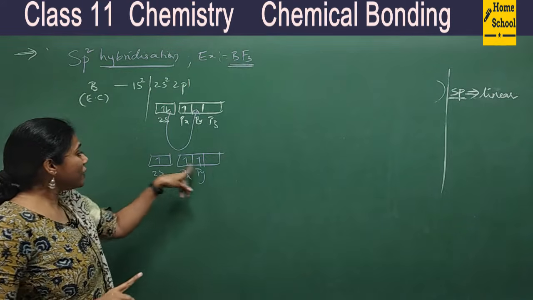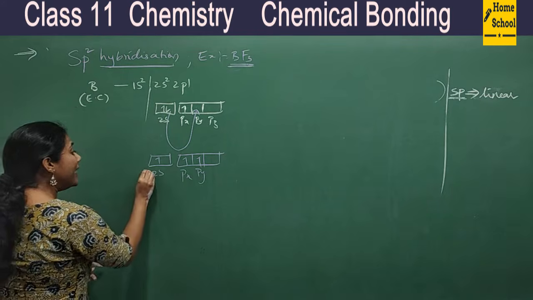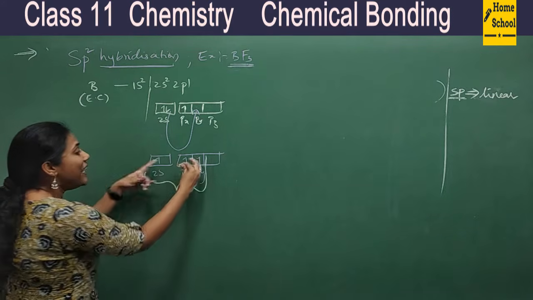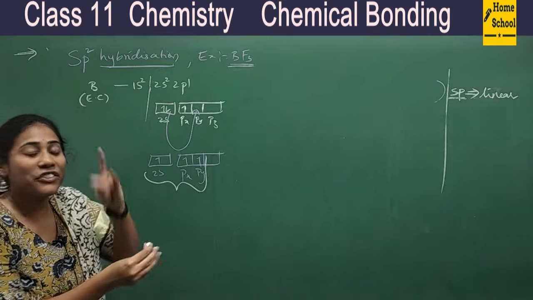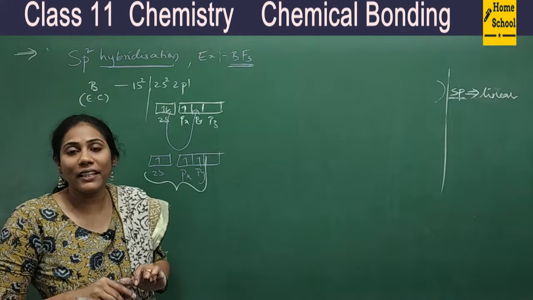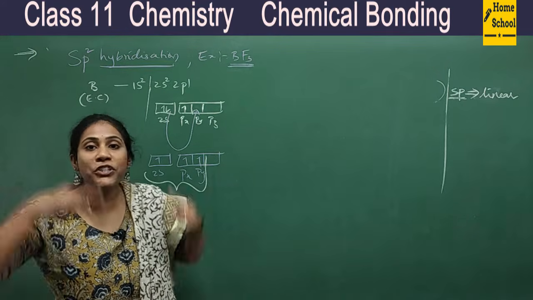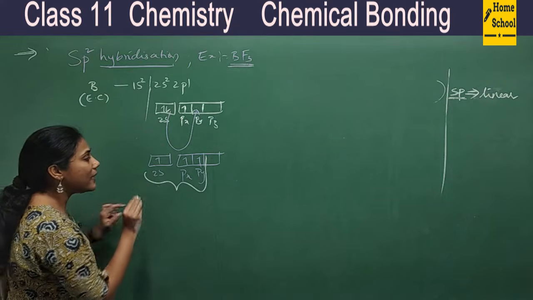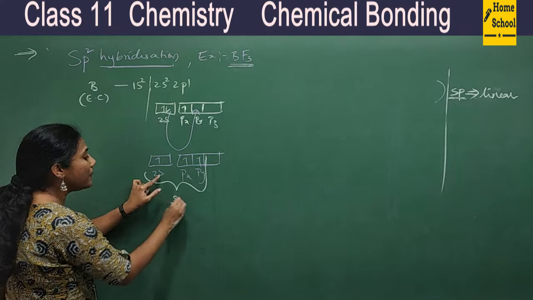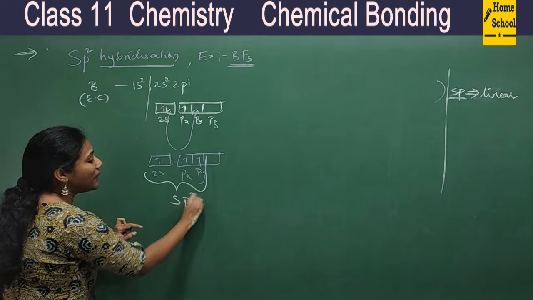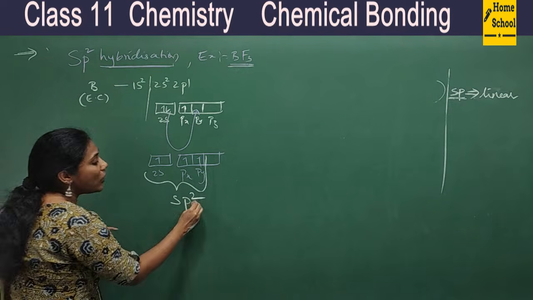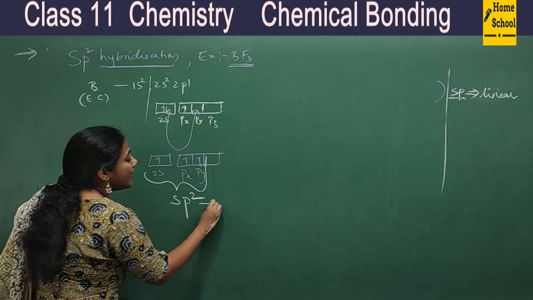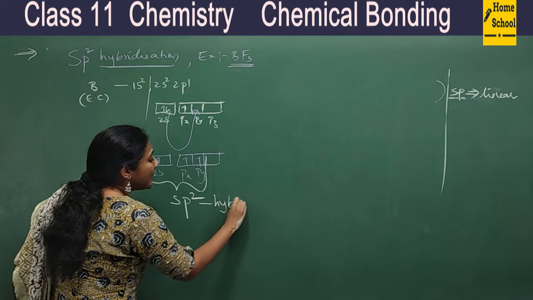But their energies are different. So to make their energies equal, they intermix with each other just to redistribute their energy. If 3 orbitals get mixed up, what are the 3 orbitals getting mixed up? 1 s orbital and 2 p orbitals. So that is the reason we call this intermixing sp2 hybridization.